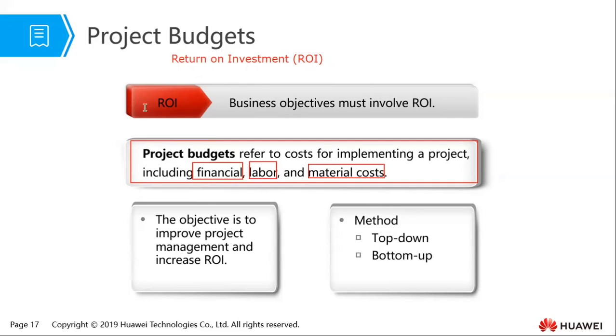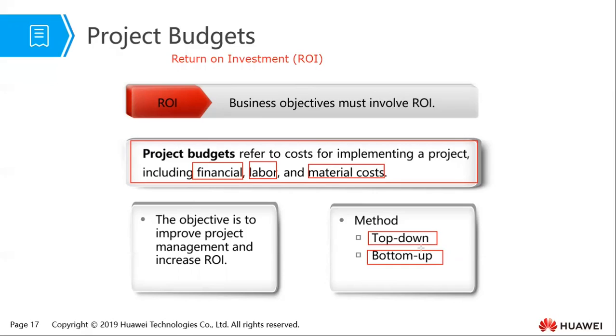Now, in coming up with a project budget, there are two ways that we can do it. We can either use what we call the top-down approach or the bottom-up method. Top-down is when the project costs are estimated according to a previous project that has been done either by the engineering team or by the customer team.